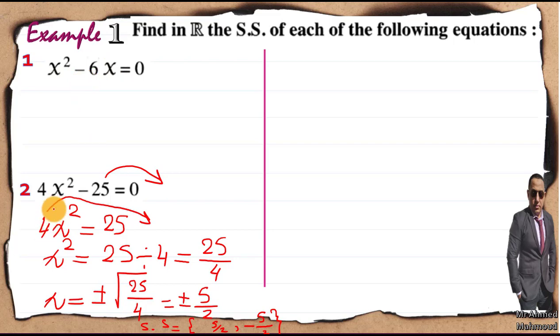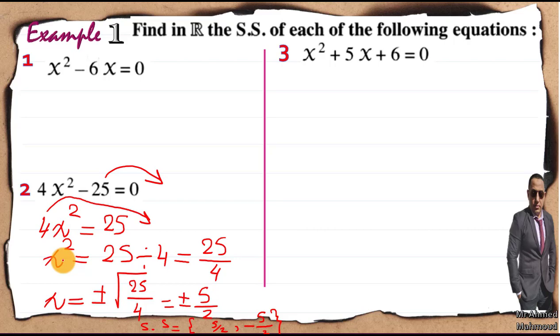If you have only x² in the expression, it's allowed to solve this one by the first term way, and the first term way was easier than the factorization.